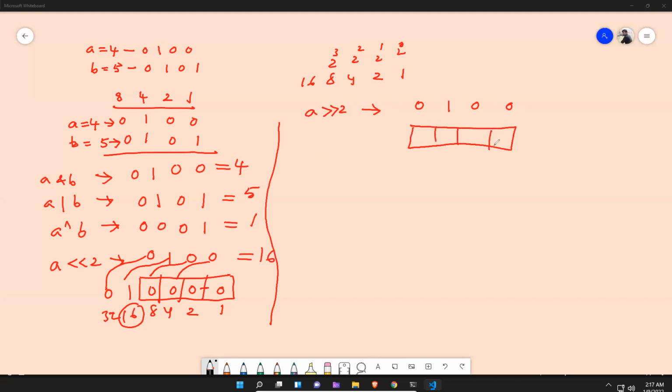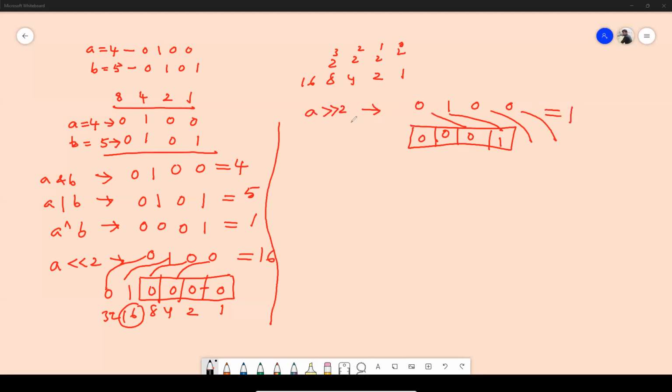So these two things will go somewhere outside. So on the right side, this value becomes the first position 1. The remaining things, if they come, are all zeros. Now what it became? 0 0 0 1. The first value 1 means it is 1. So A right shift 2 is equal to 1.